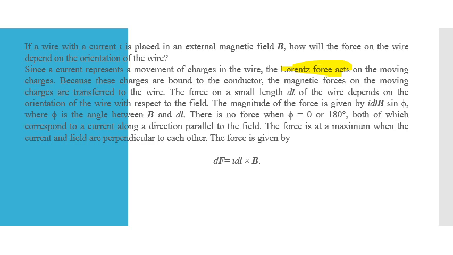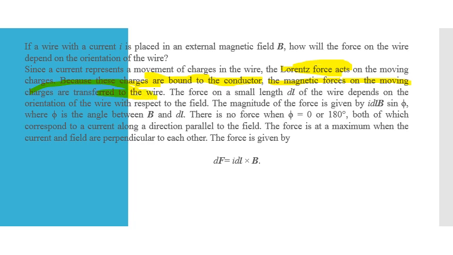Interestingly, you are applying a field on the charged particles, and now the charged particles are bound to the conductor. Since the charged particles are bound to the conductor, the magnetic force on the moving charges is now transferred to the wire, to the conductor.